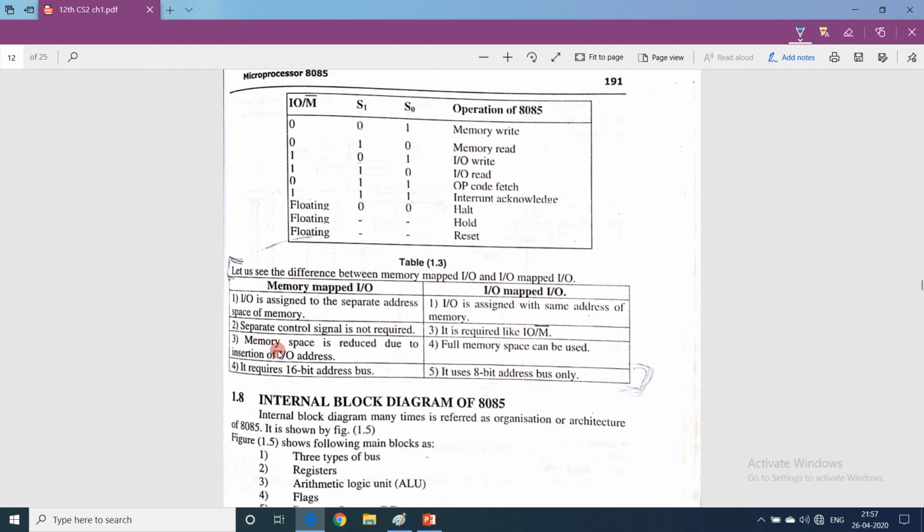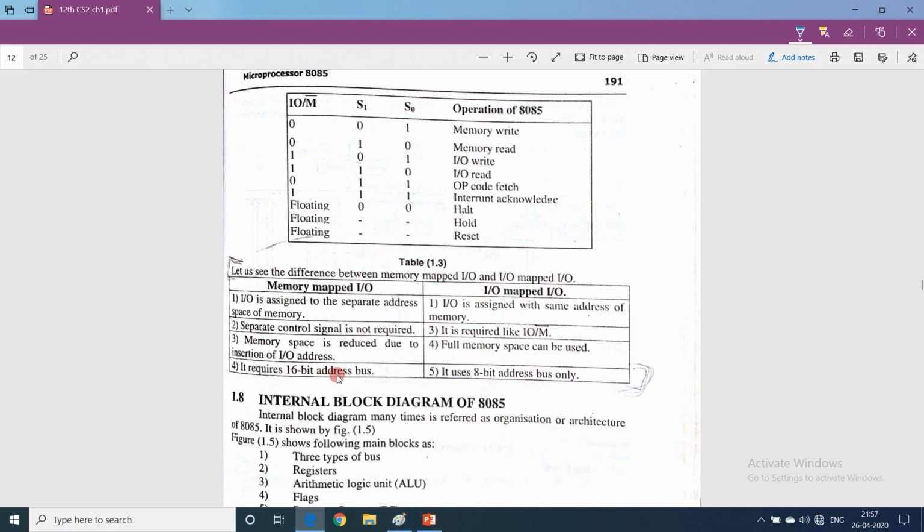Some memory space is used for input output devices and some is used to store data in the memory. So of course it is reduced. In the other method, full memory space can be used because one memory location can be used for determining the input output device, and simultaneously it can also be used to store data into the memory.